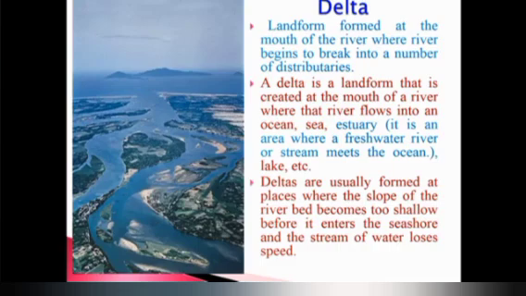In other words, a delta is a landform that is created at the mouth of a river where that river flows into an ocean, sea, estuary, lake, etc. Here, estuary means an area where a freshwater river or stream meets the ocean.